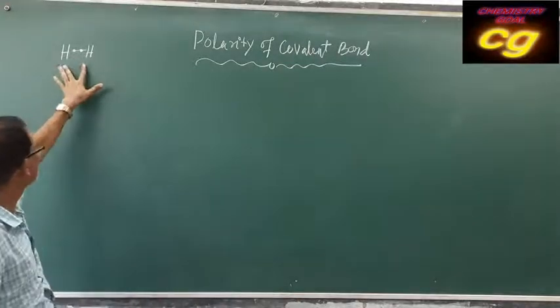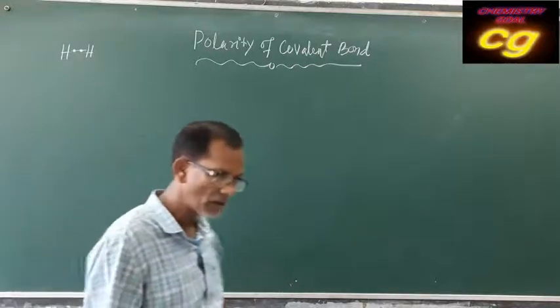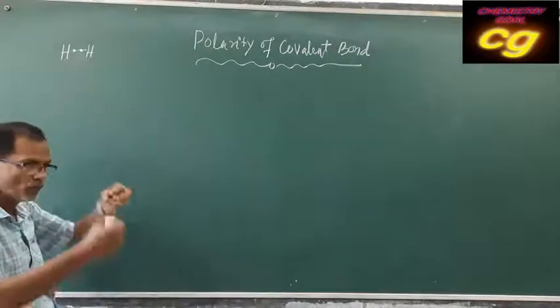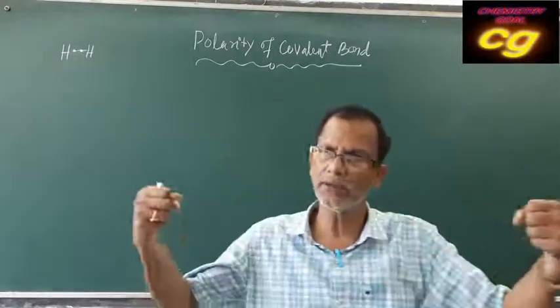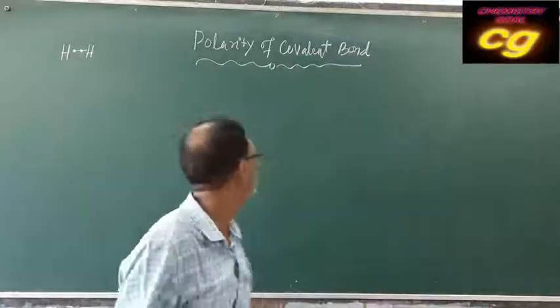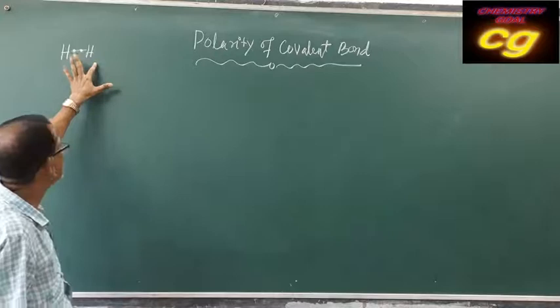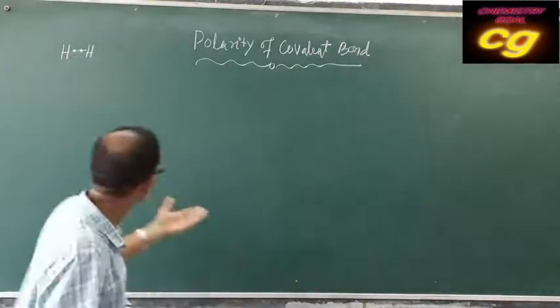The electronegativity values of these two hydrogen atoms are the same. If the electronegativity of these two atoms is the same, both are pulling the bonded pair of electrons towards themselves with the same force. Both are attracting the electrons because they demand electrons to satisfy the noble gas configuration.